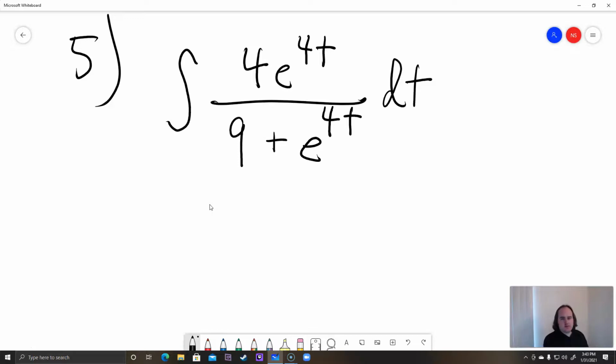So what I'm going to do is let u be the inside of the bottom function. We have a lot of composite functions here. I know we have a composite function on the top, but we have an even more complicated composite function on the bottom, because it's 1 over 9 plus e to the 4t. That is quite complicated. So I'm going to let u equal the inside of that complicated composite function.